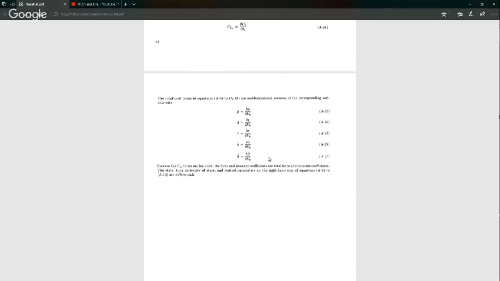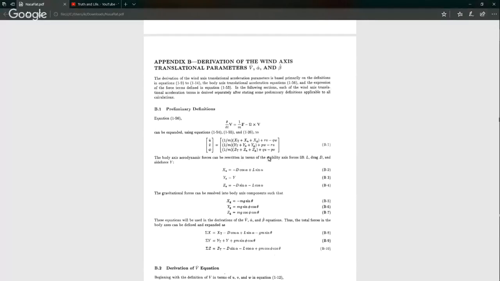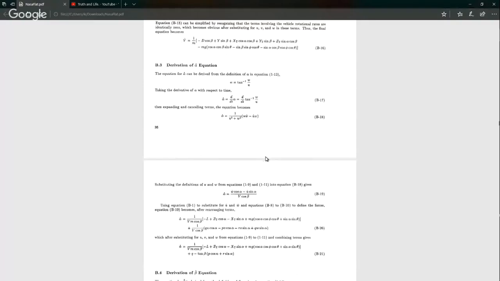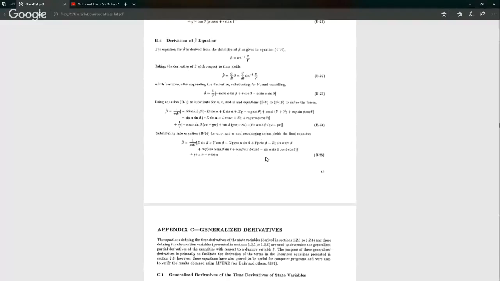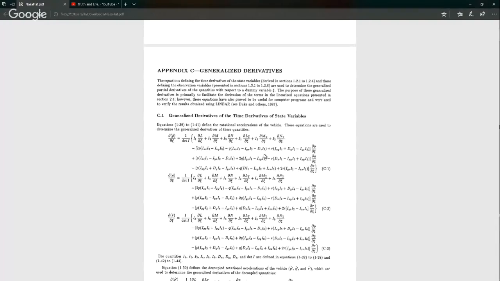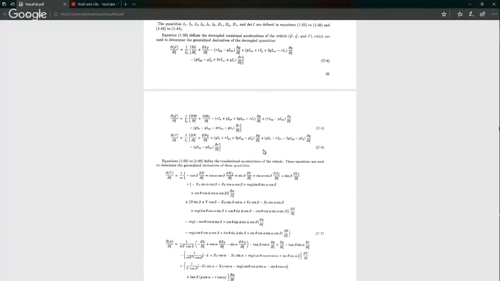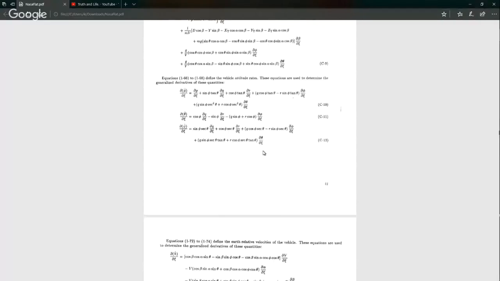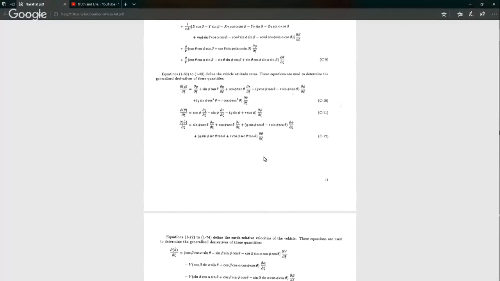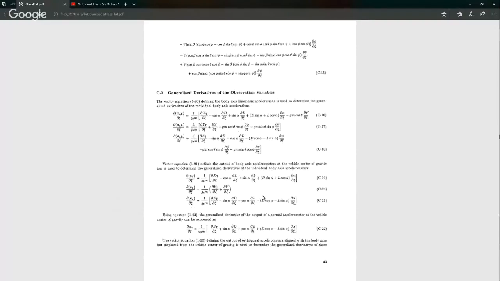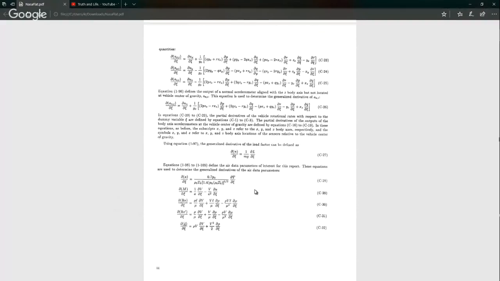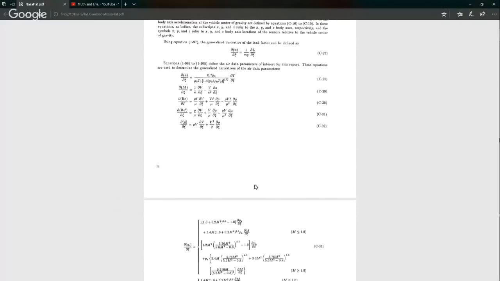We go a little bit more down, you will see more and more calculations, formulas, math, everything included. I don't understand what they are saying here. I don't care. I only care about the conclusion of all this.